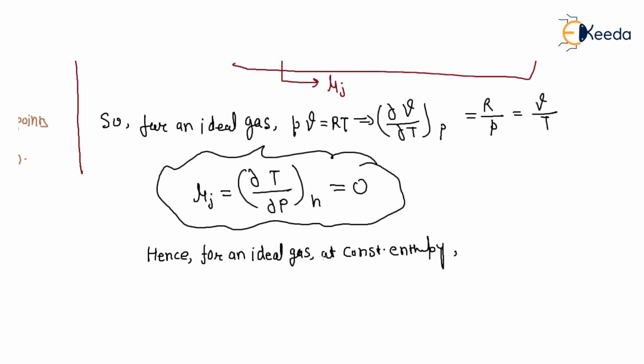Hence for an ideal gas at constant enthalpy, there is no change in temperature with pressure, right?